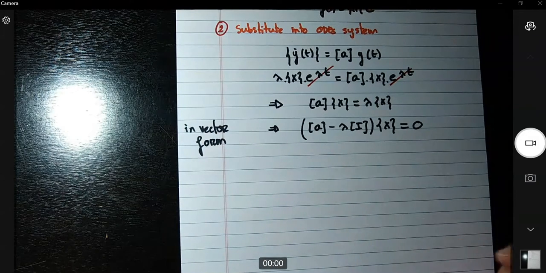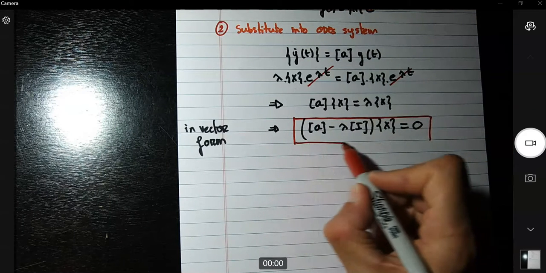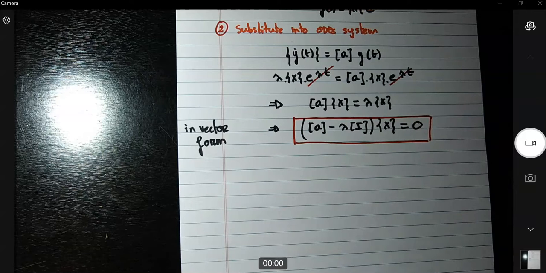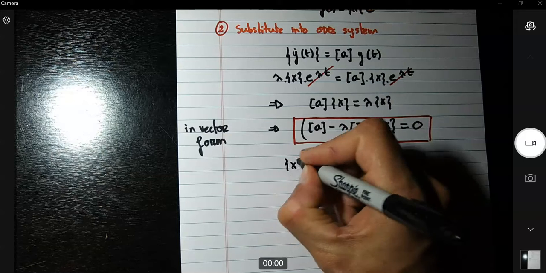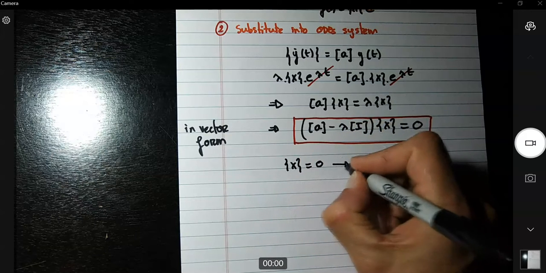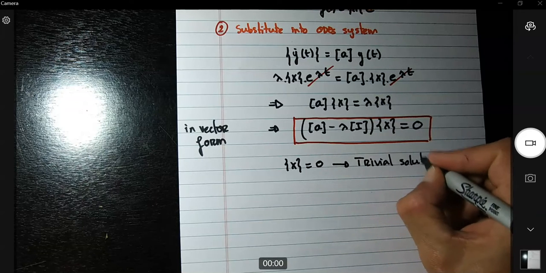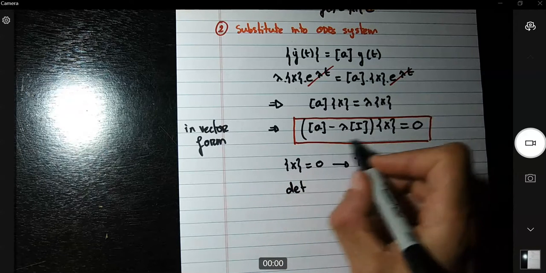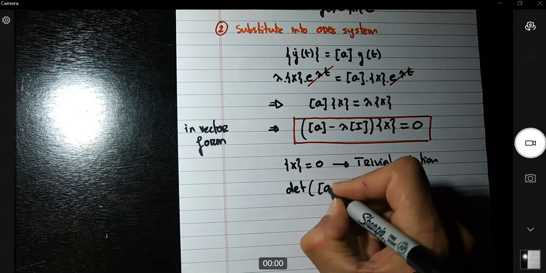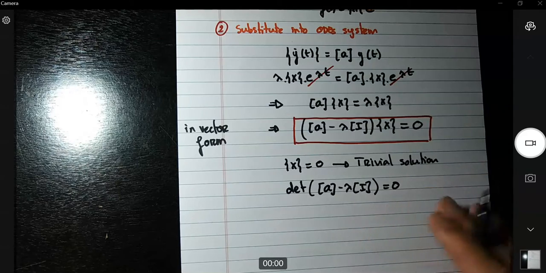Now we say that this equation has solutions in two cases, either x equal to 0, which yields the trivial solution, or this term over here is equal to 0, which means that the determinant of A minus lambda times the identity matrix equals 0.